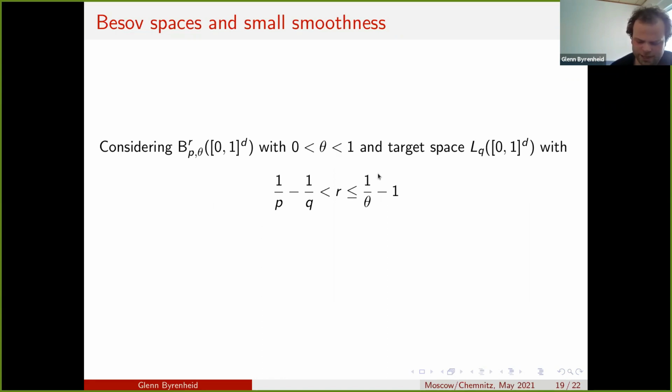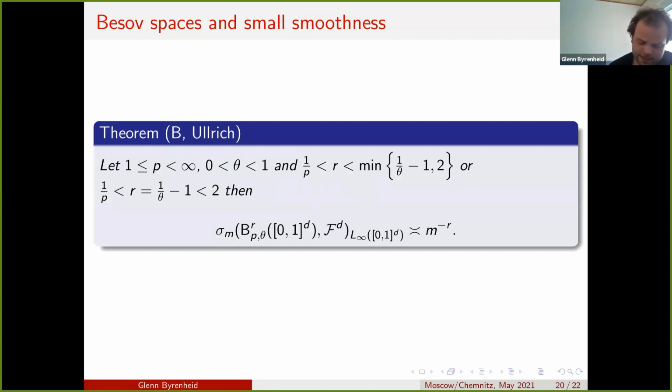The explanation why this is really interesting goes back to the question: what are the corresponding sequence spaces we consider for giving bounds on n-term approximation? I do not have enough time to explain this in detail now.